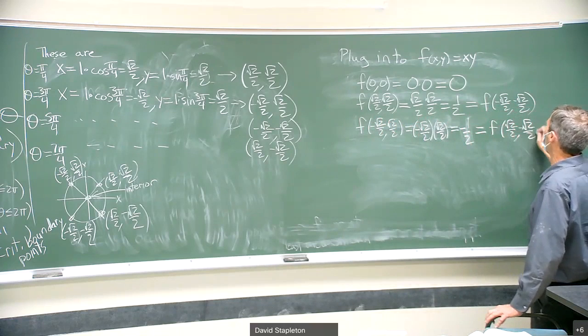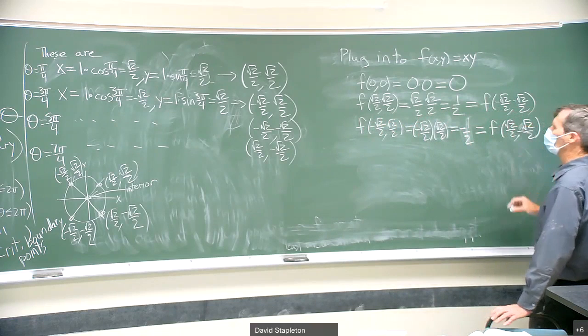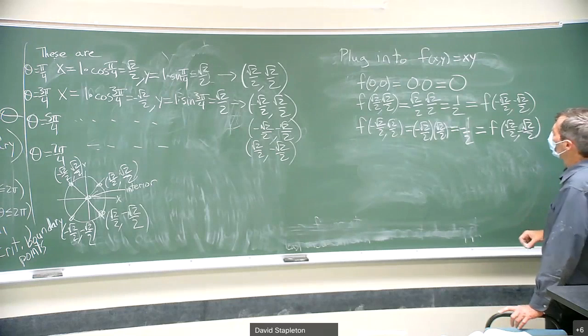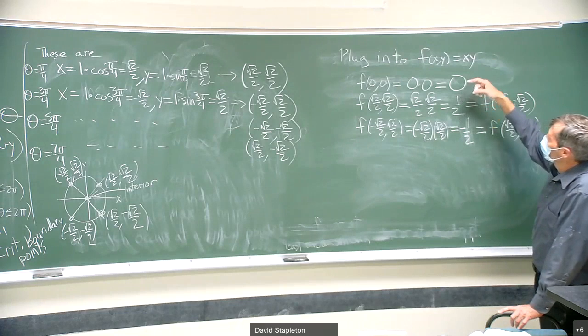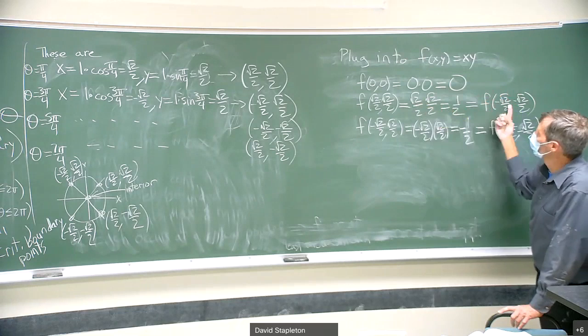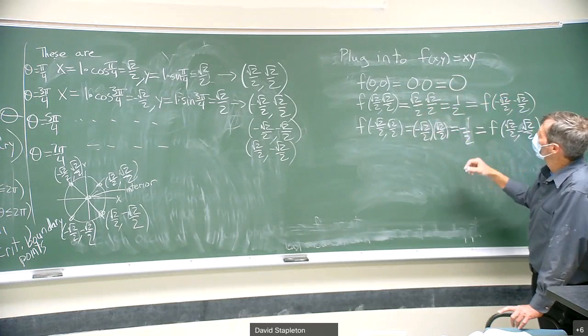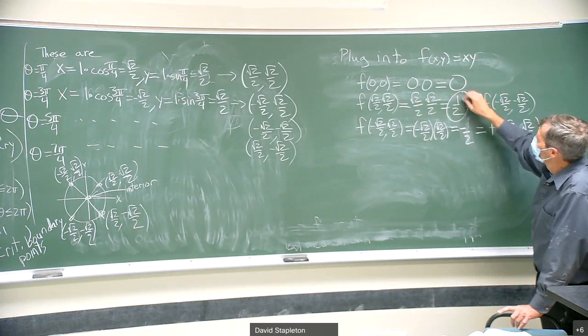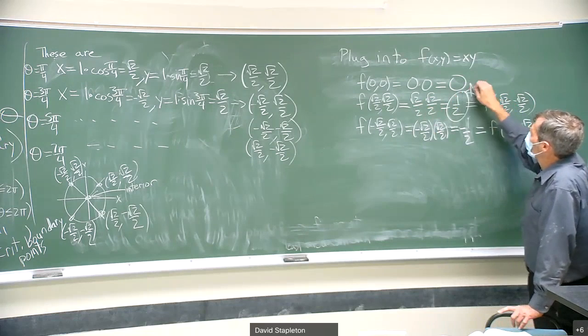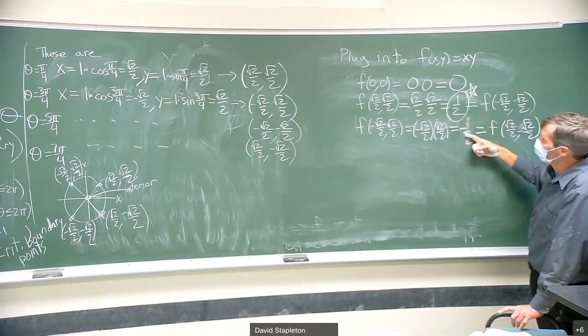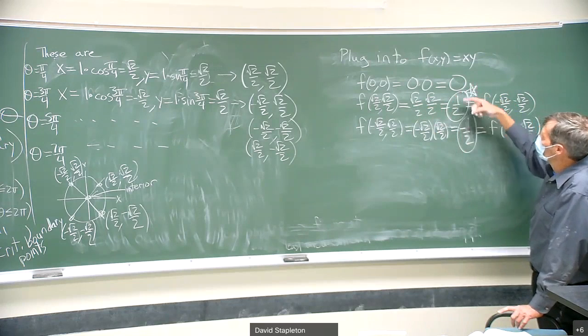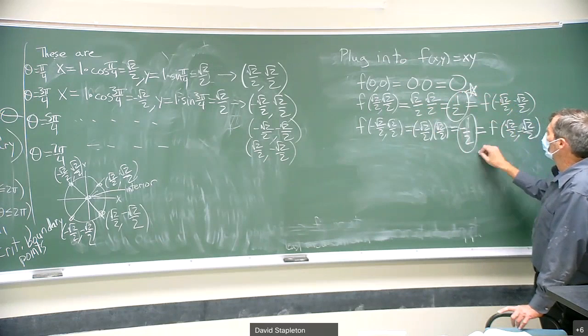So I plug in all 5 points, and the largest value I got out of the 5 that I plugged in was this one. So you say that's the absolute maximum. The smallest number I got is negative a half, which is less than 0. And that's the smallest one.